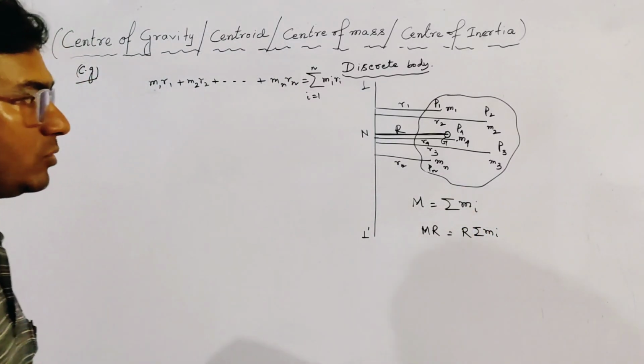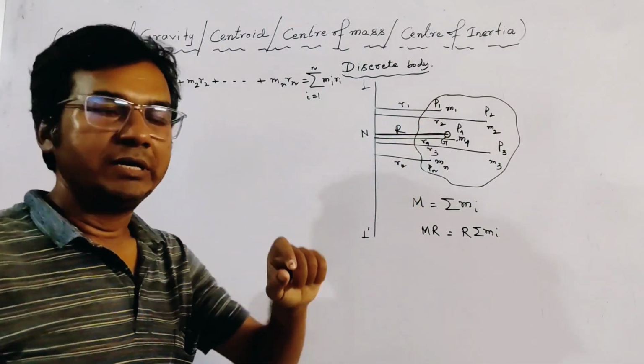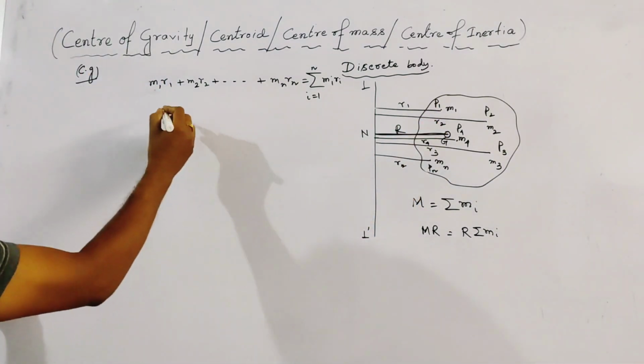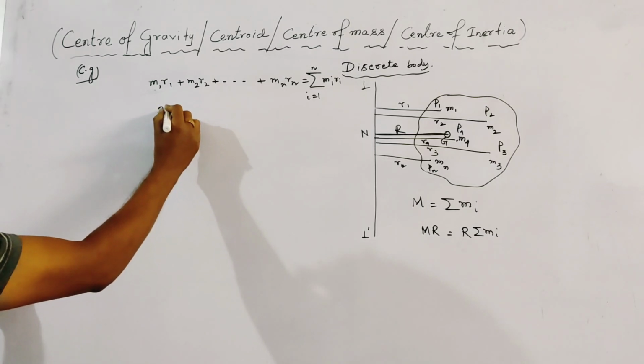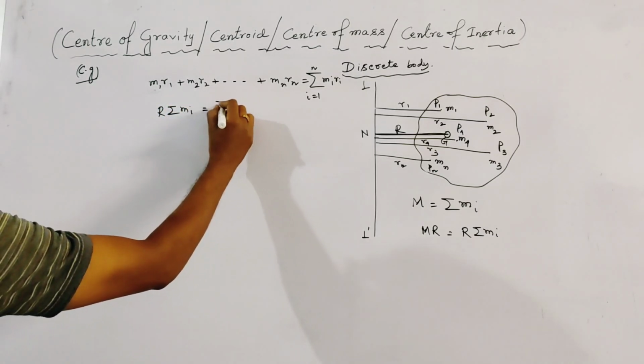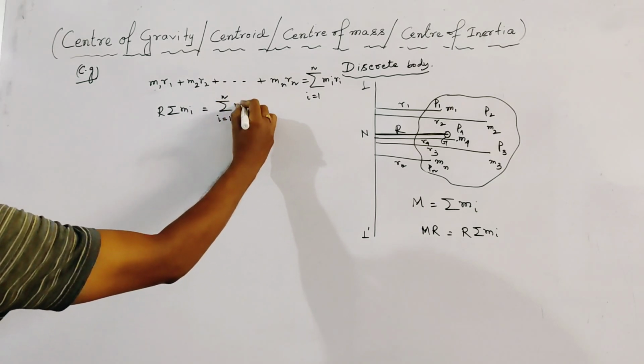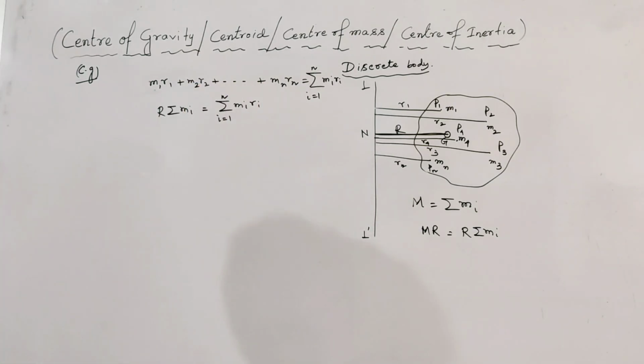Now since G is the center of gravity, we must write R into summation mi equal to summation i equal to 1 to n of mi ri.